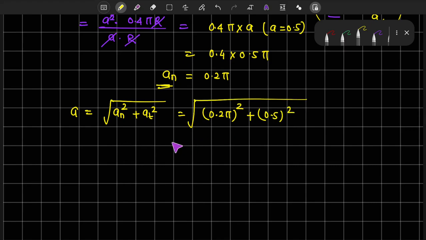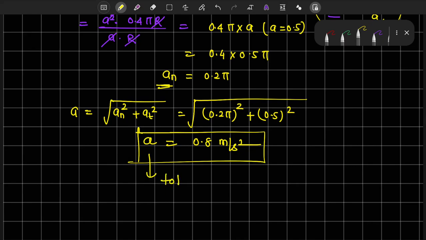If we calculate this particular value, we will get acceleration is equal to 0.8 meter per second square. So this is the value of the total acceleration we got at any time instant t.